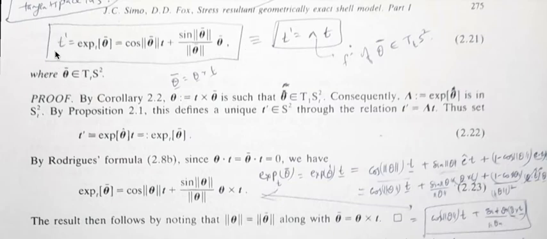This is also coming from the same exponential map, but it is more direct. We are just writing the new position of the directorate, which is t dash, in terms of the original position t and the axis of rotation vector.